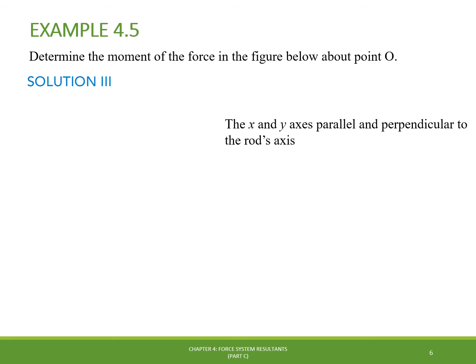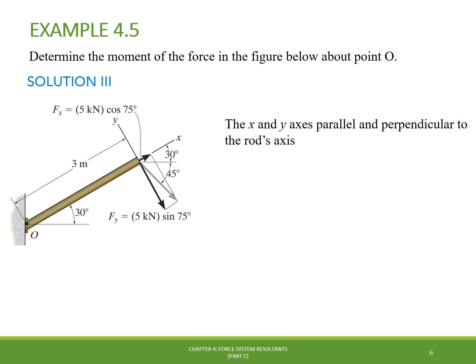A third solution for this problem is possible if we place the x and y axes parallel and perpendicular to the rod's axis as shown in the figure here. In this case, the component of the force projected in the x-axis doesn't cause any moment about the point O, since its line of action passes through this point.